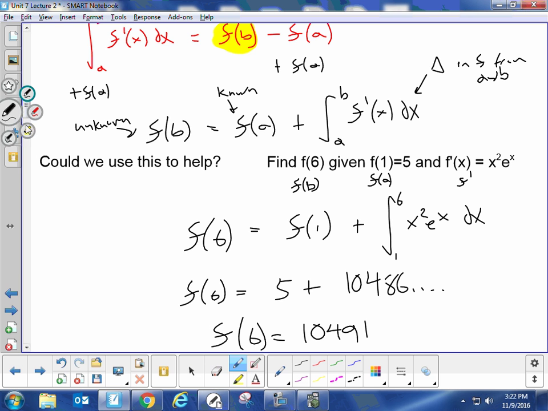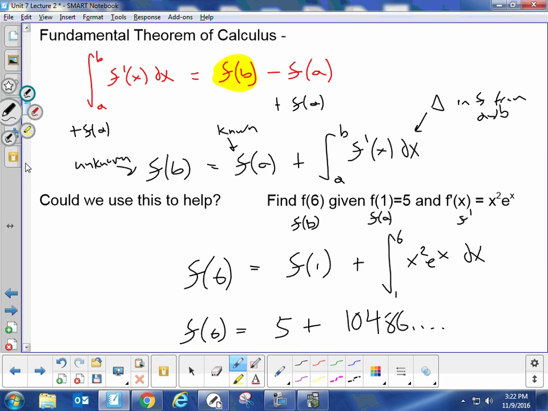Okay? Awesome. This application of the fundamental theorem of calculus is used very, very frequently on an AP test, especially when you have calculators handy, or they just test you on your knowledge of this on multiple choice questions where they just give you limited information.